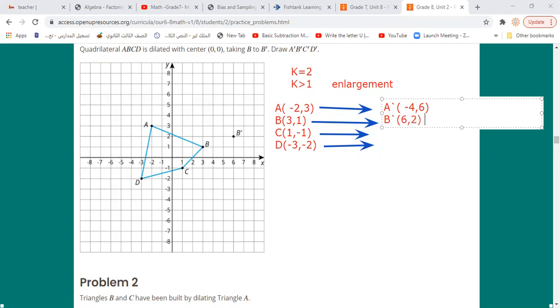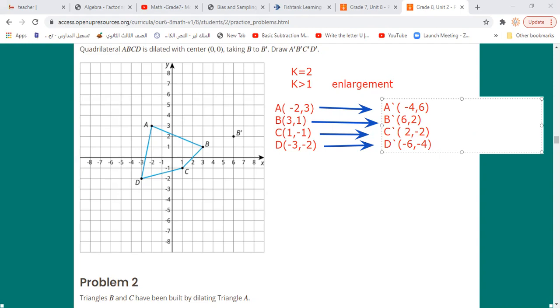Third, C prime is 2 and -2. D prime is -6 and -4. Very good.